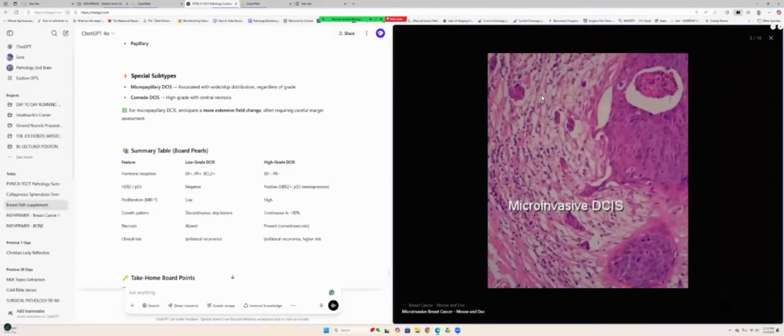I want us to finish. You can see this. This is DCIS. You can see this area is breaking out and seems to be invading the stroma. You can see these small cells invading the stroma. So when you measure with your ruler, it should not be more than 1 millimeter. If it's more than 1 millimeter, that is invasive ductal carcinoma.